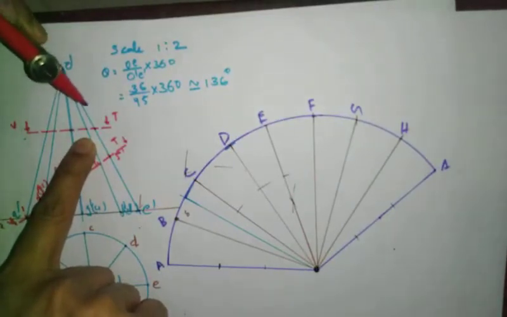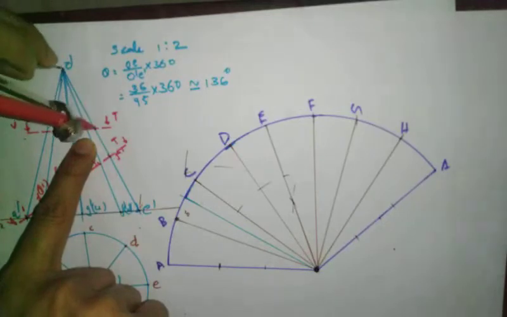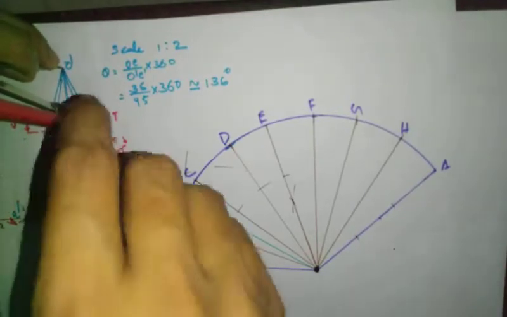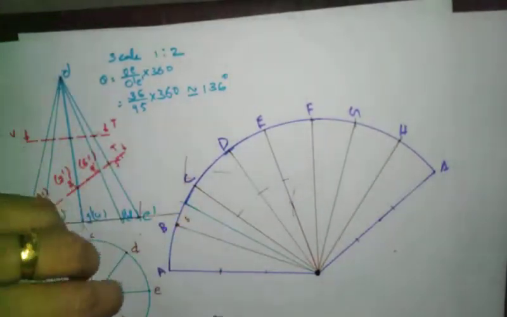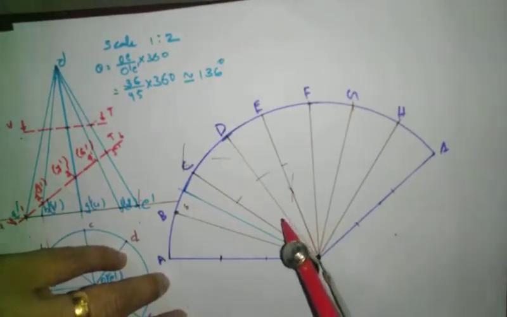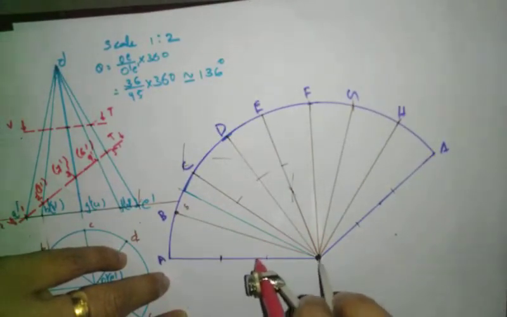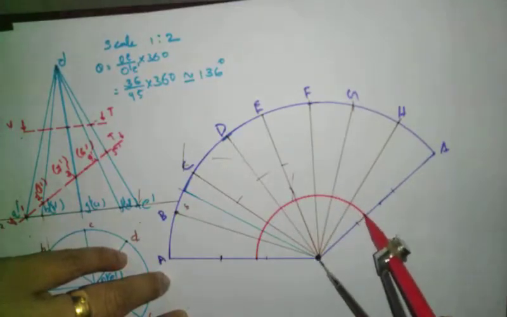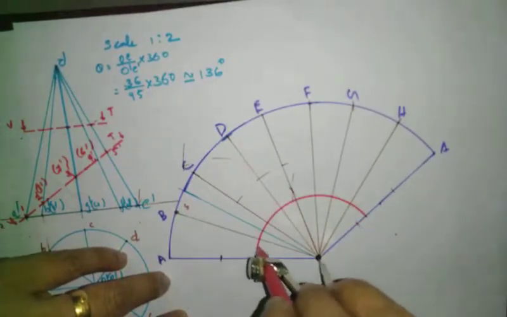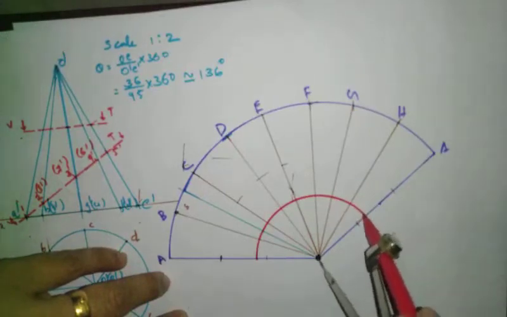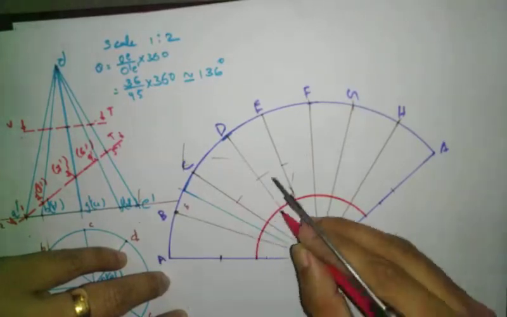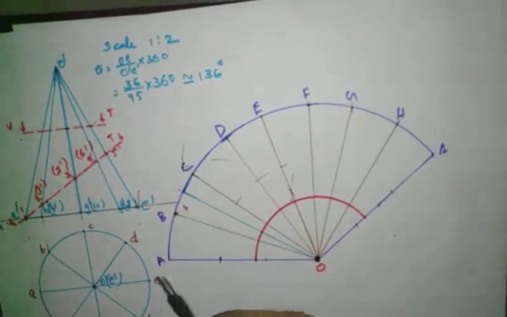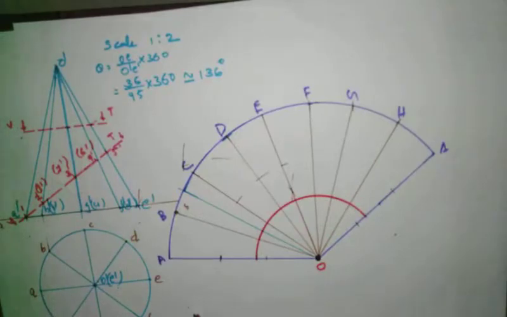Place your compass at O dash and take the distance where the horizontal section plane cuts the end generator of the cone. See, here at this point I have to take the distance, and from the center of the development just draw an arc. This is actually the cutting line we obtained in the development. This red arc will be the cutting of the horizontal section plane in the development.